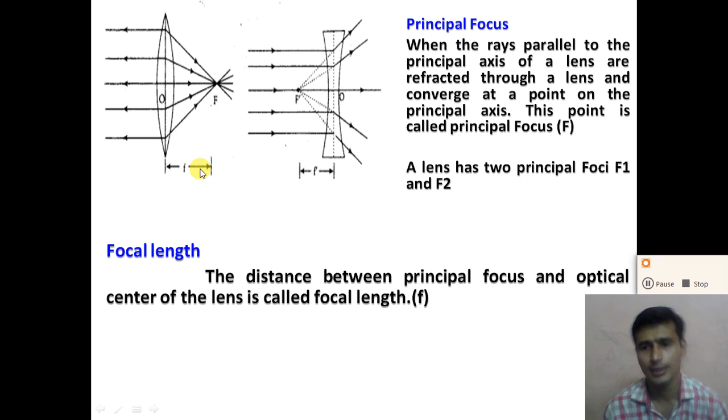Here the focal length of the convex lens is considered positive, and the focal length of the concave lens is considered negative. That we will see in the sign convention, right? So understand, dear student, all the definitions regarding a lens. Remember all the definitions regarding a lens with the help of the ray diagram.